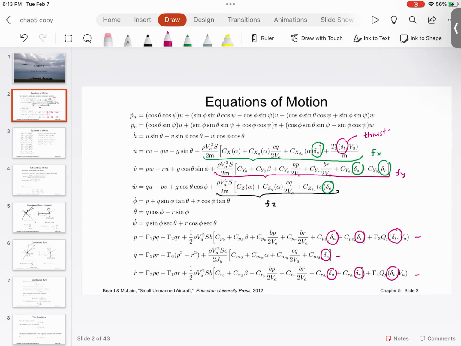So what we are going to do is, at the end of the day, even though these equations are complex, no matter what your flight vehicle is, your equations are going to have similar form. In those equations, you are going to have 12 equations. In 12 equations, you are going to have 3 forces and 3 moments.